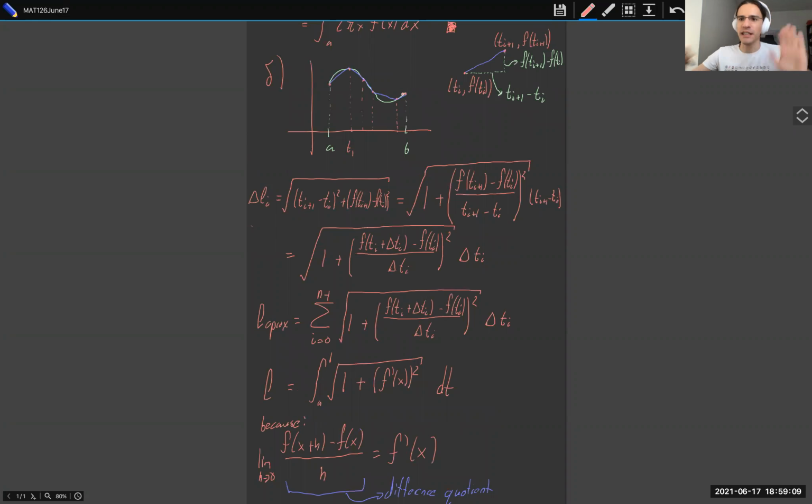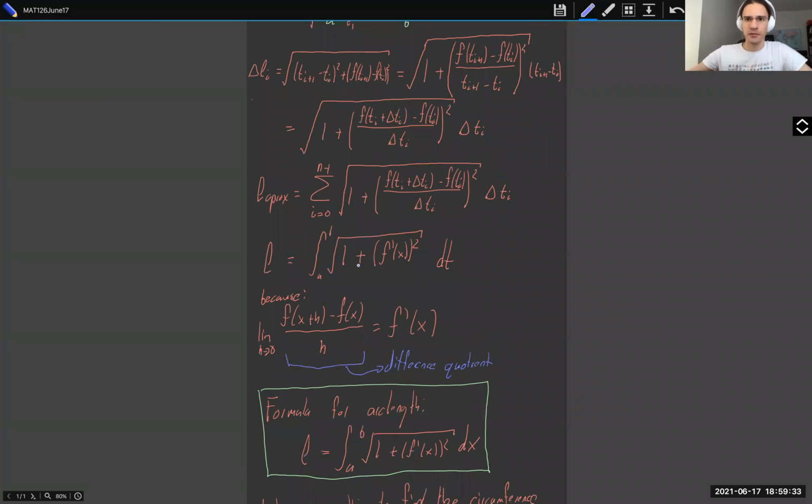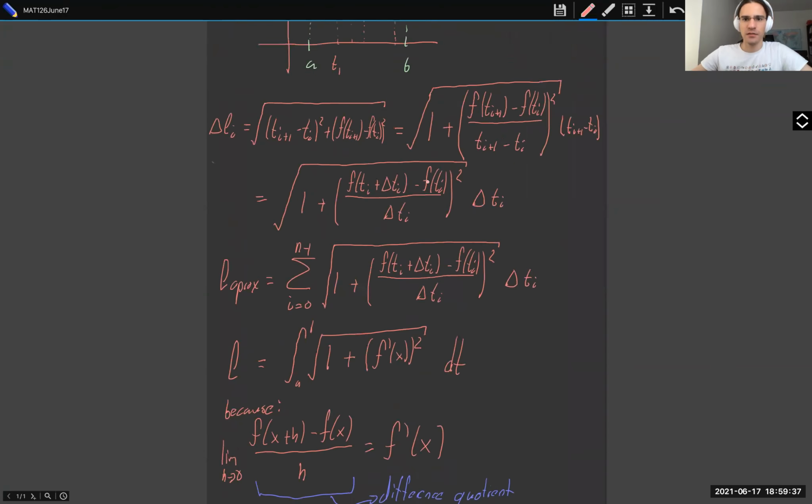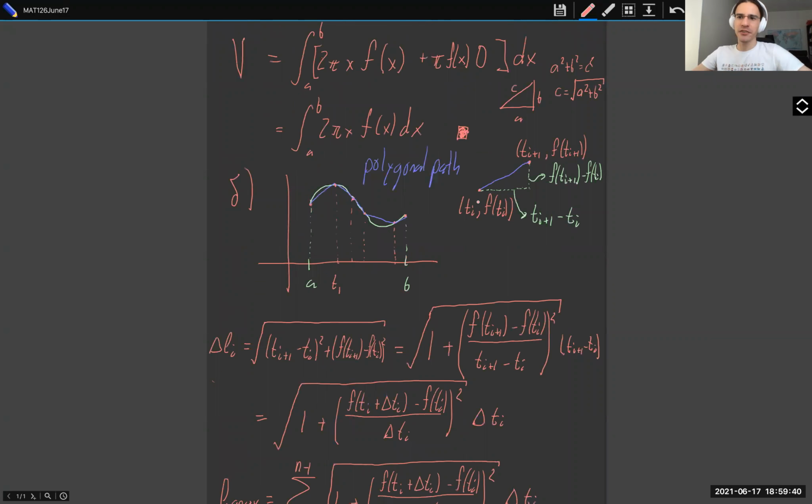If you remember one sentence, remember this sentence: we subdivide and we take a polygonal path. So I can write this as a polygonal path. And then we calculate the length of the polygonal path. And in the limit, it becomes this integral. Just the Pythagorean theorem. That's it.